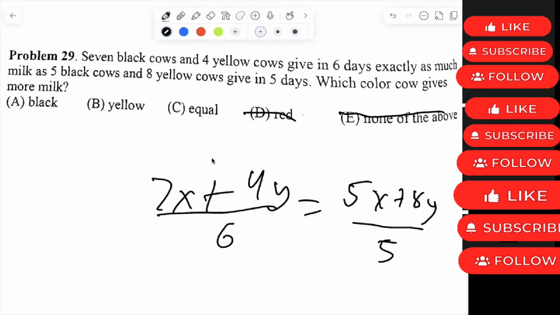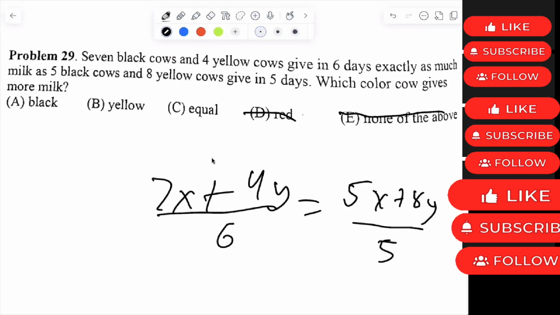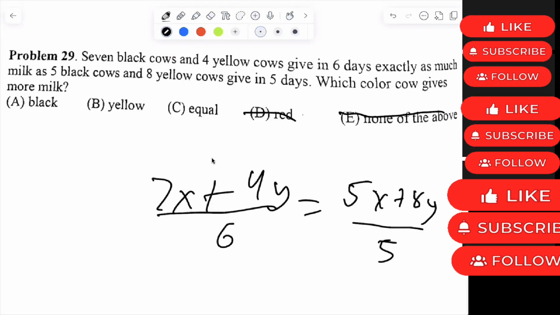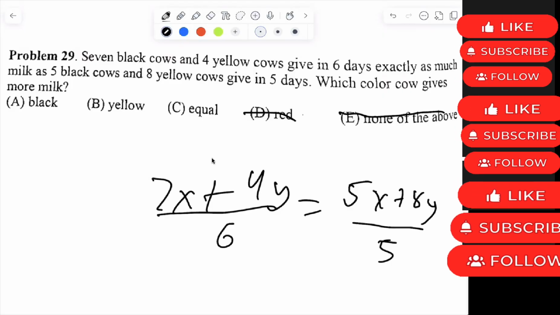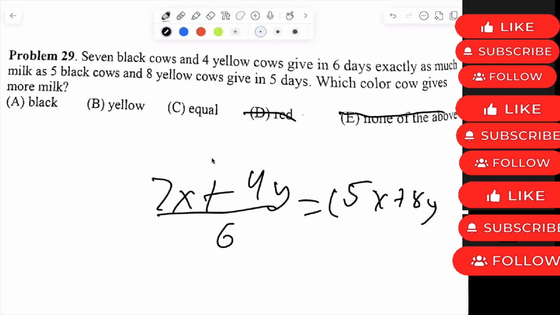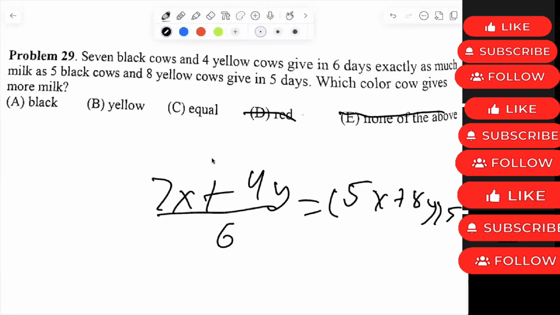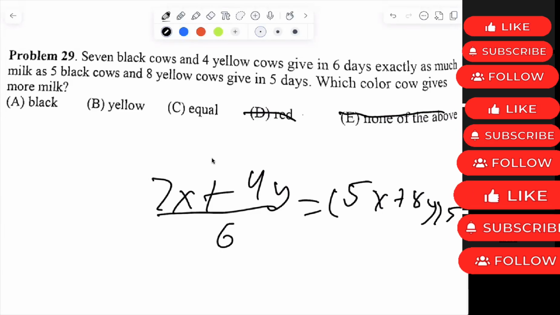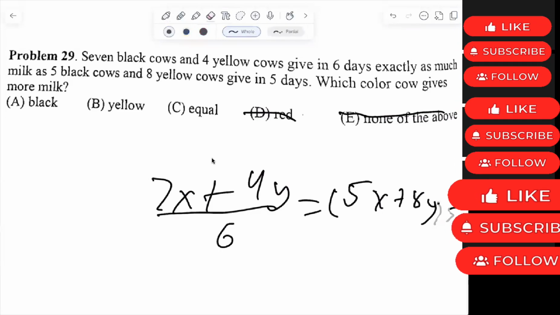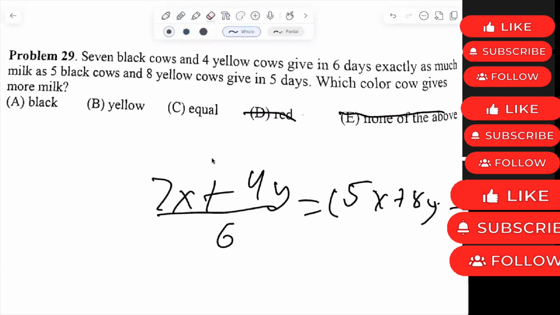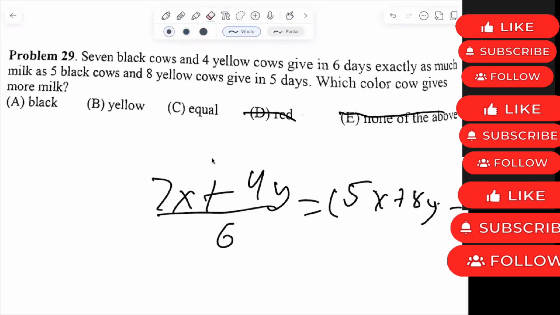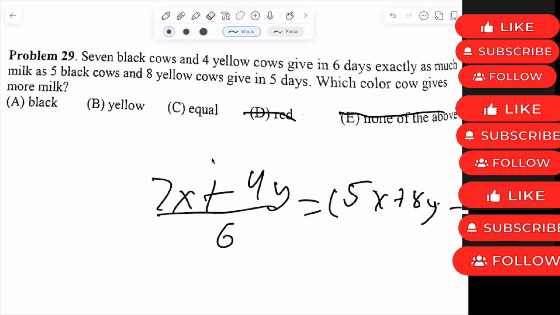Let's see if this ratio is correct. Oh, we should multiply actually. Why? Because, oh wait, hold up. Given by a yellow cow a day. All right, let's see this.